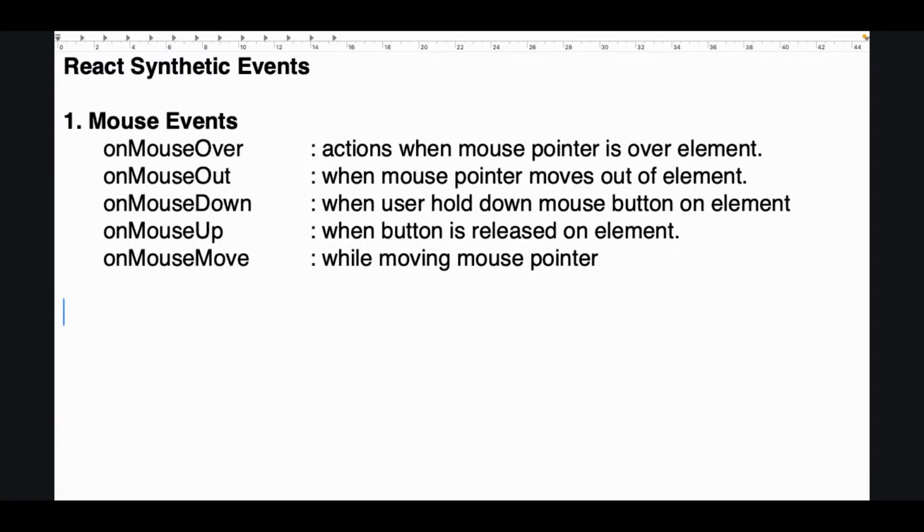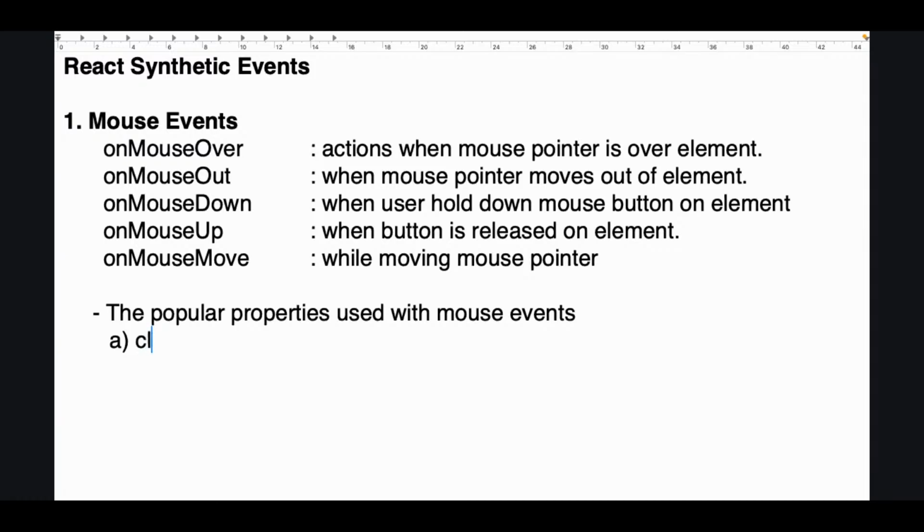So, mostly with mouse event properties we use the popular properties. Generally, popular properties are clientX, clientY.